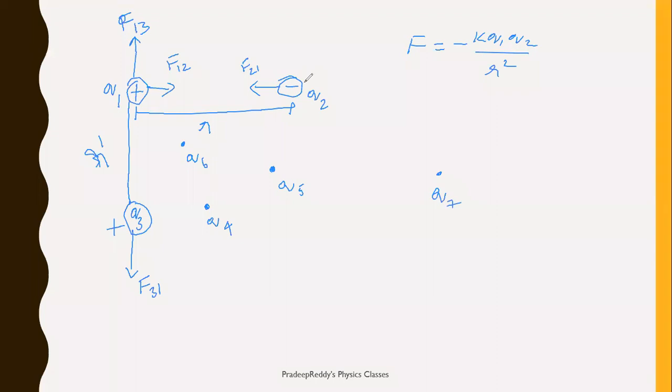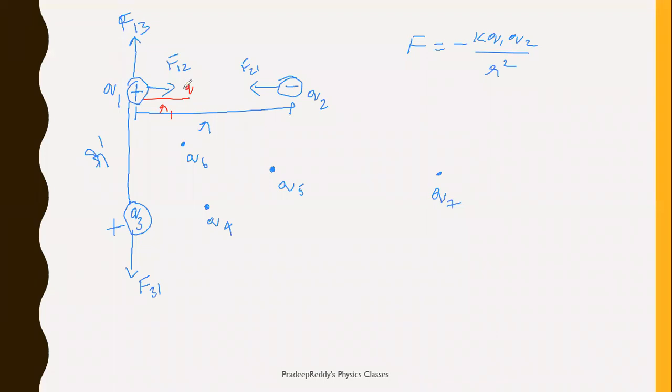Now I want to represent the force of Q1 on all these charges, and I want to find out the region till where Q1 is able to attract or repel another charge. For example, from Q1 you are taking a charge, like I will be taking this as Q, which is at a certain distance, say R1.